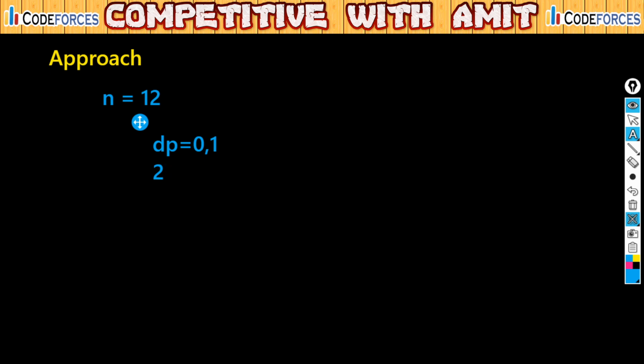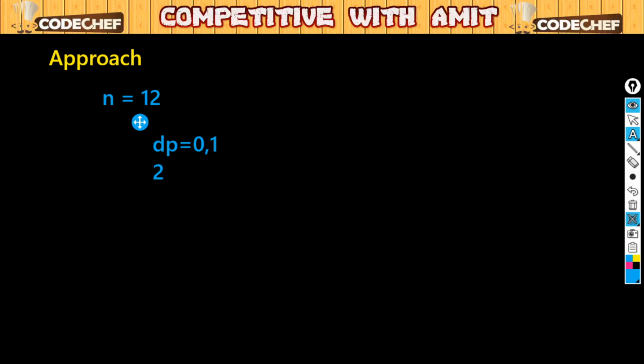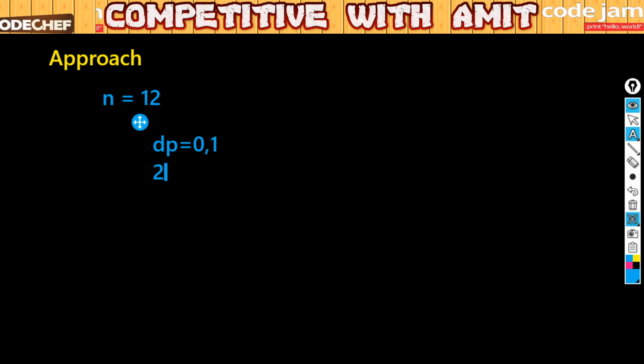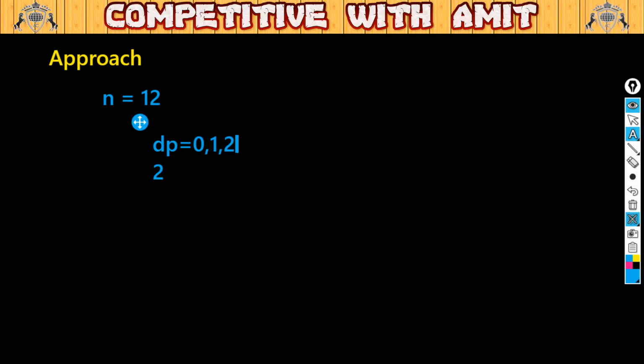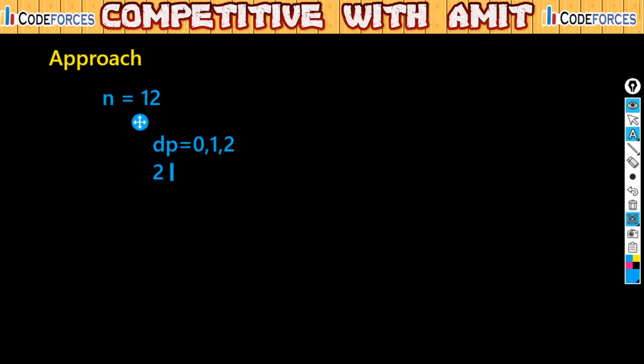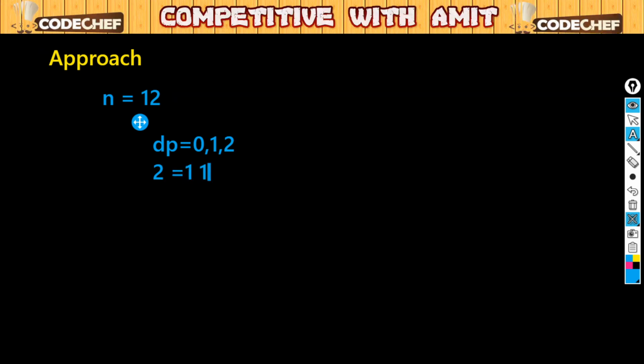If we require to make 2, first of all we will check whether we can make it by incrementing this. By incrementing this 1 we can make it, so we require 2 numbers to make 2: 1 and 1.